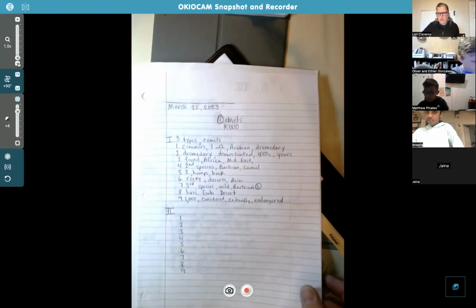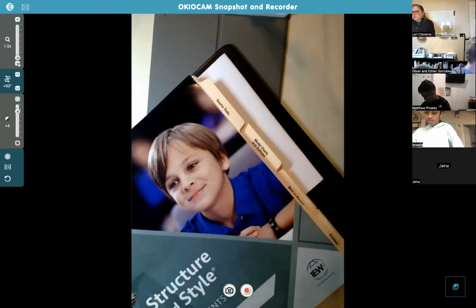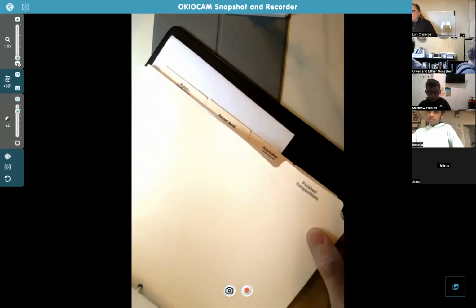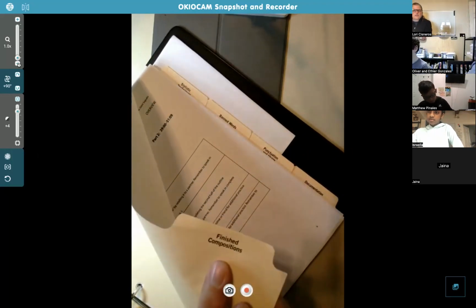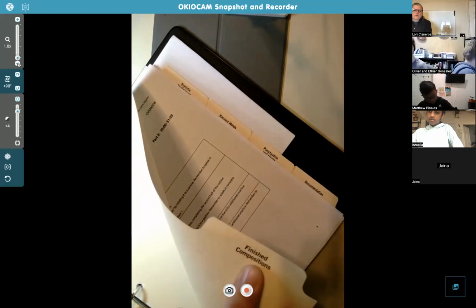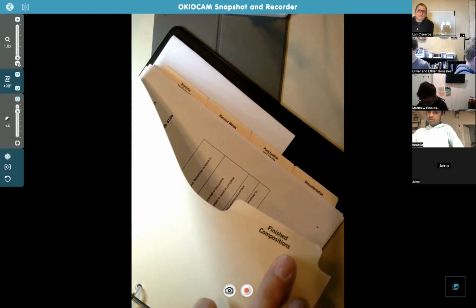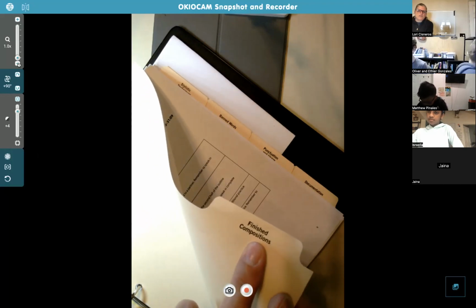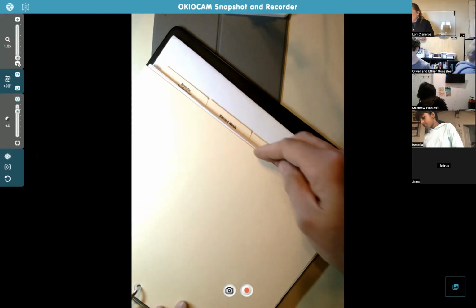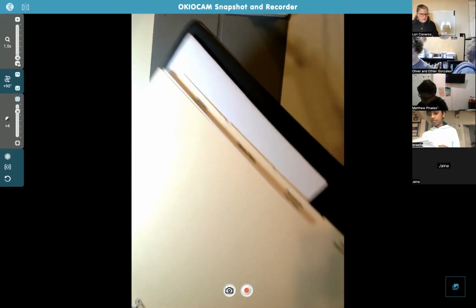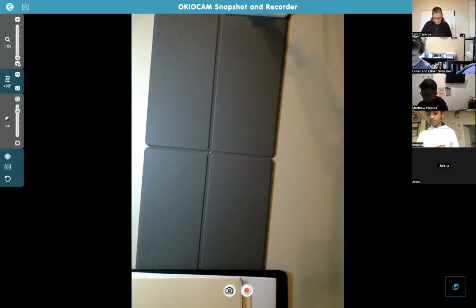So basically everything to do with camels, you can put behind finished compositions now, which is this tab. That's how we're doing this. You probably get the pattern now. We pull it out, we work on it for a couple weeks. Once we get it finished, it goes back here behind this tab, finished composition. So go to the very back of the pages that you have there and go ahead and put those inside your binder.